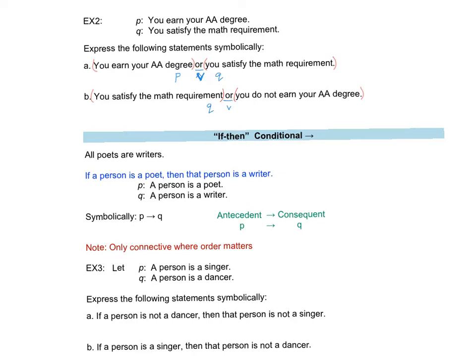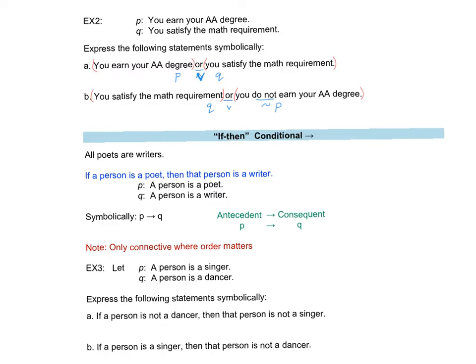So whenever I make a mistake in my videos, I do not edit it out. I leave it in because I am human. So you satisfy the math requirement is Q, or you do not earn your AA degree. So I have you earn your AA degree is P, so you do not earn your AA degree would be not P. So Q or not P.